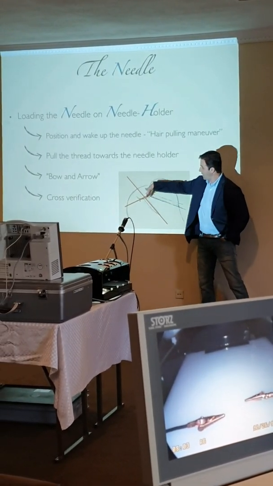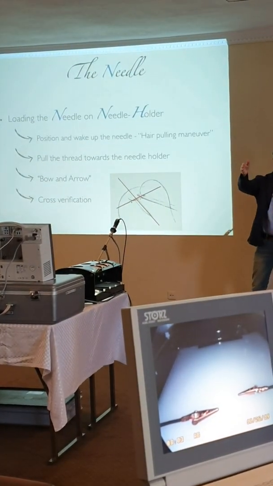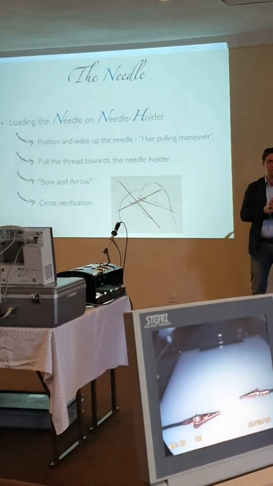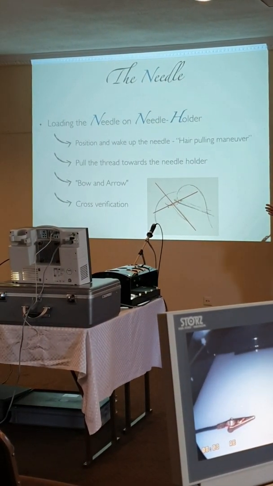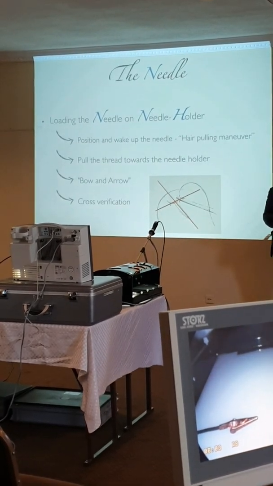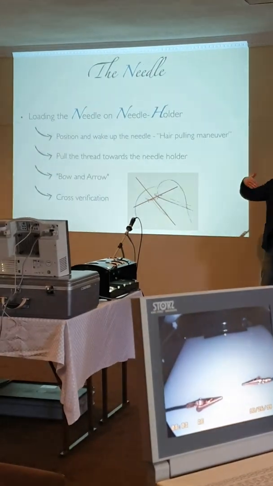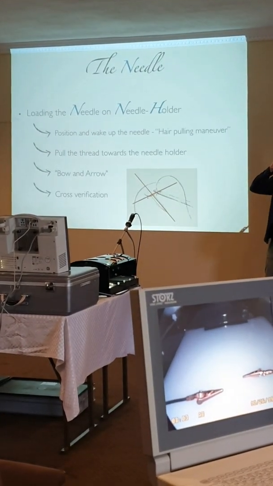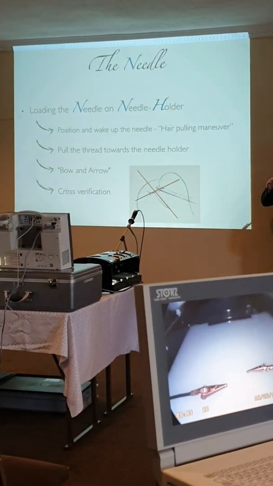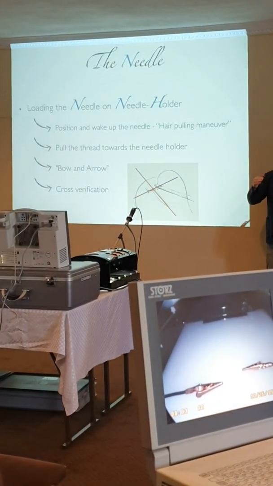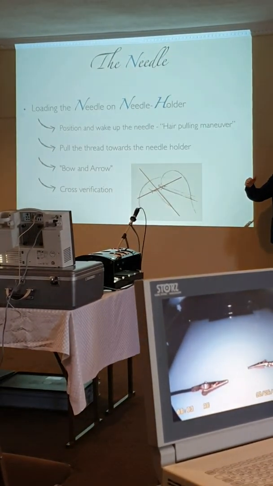If you did your fine tuning, all these maneuvers that Alexandre told you, the arrow and bow to close or to open a little bit, and you did your final cross verification test, and it's a little closer than you thought, you know by this figure that you have to make another movement to open it a little bit, or even to close it a little bit.